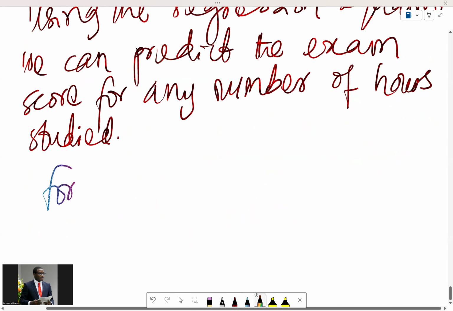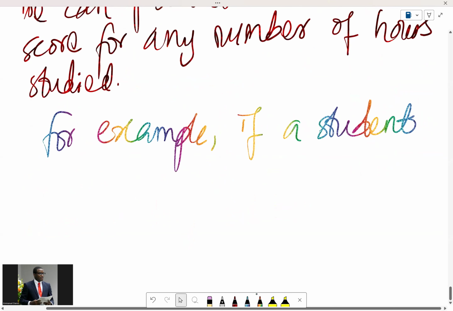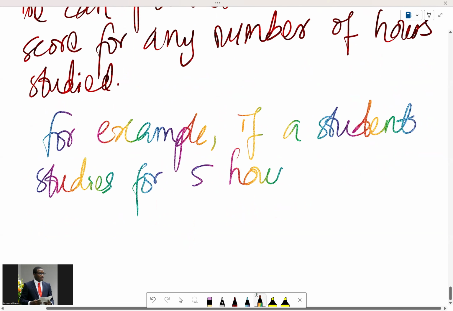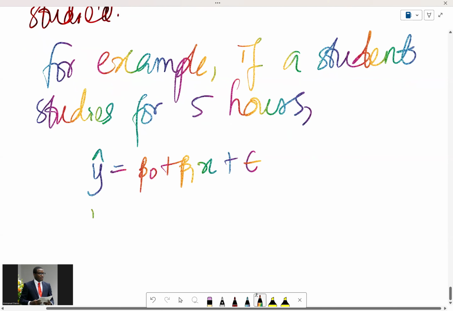So for example, if a student studies for 5 hours, then we have y bar equals, as usual, beta naught plus beta 1 x plus epsilon.